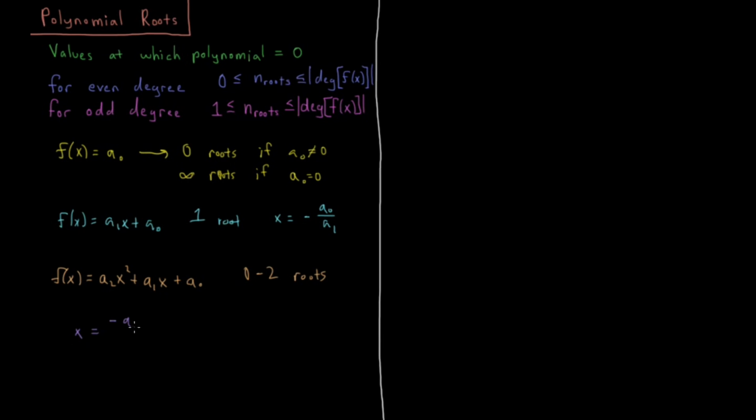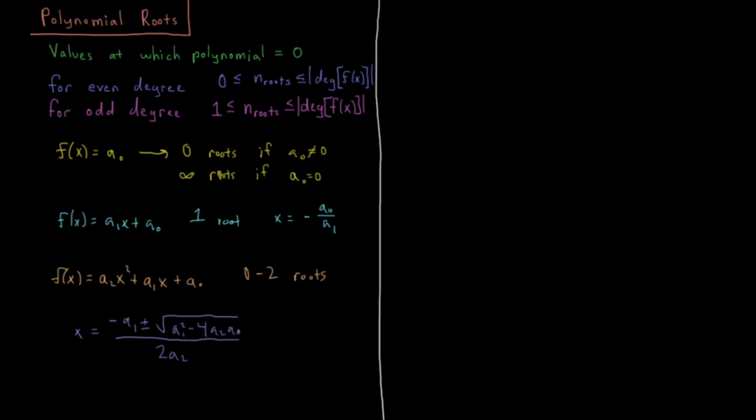So we have minus a1, or minus b, plus or minus the square root of b squared minus 4ac, which is a1 squared minus 4a2a0, over 2a2, or over 2a in the traditional formula.